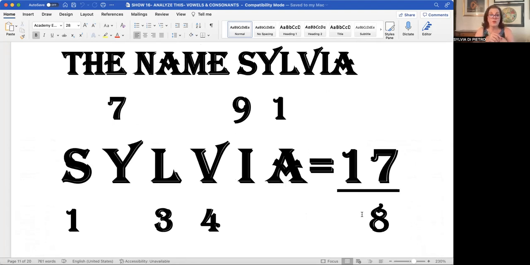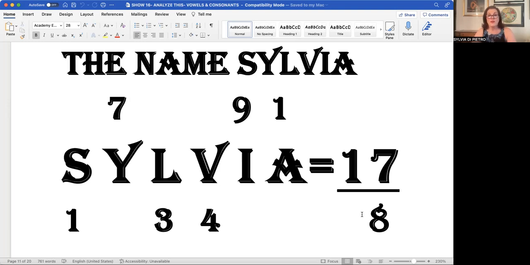So here we are. Let's look at my name, Sylvia. You will see, as I mentioned before, that we take the vowels, the numeric vibration of the vowels, and we place them above each vowel when we're analyzing someone's name. Now, if you have a syllable in your name that doesn't have a vowel, such as Syl in Sylvia, but it's got a Y there, the Y becomes computed as a vowel and not a consonant.